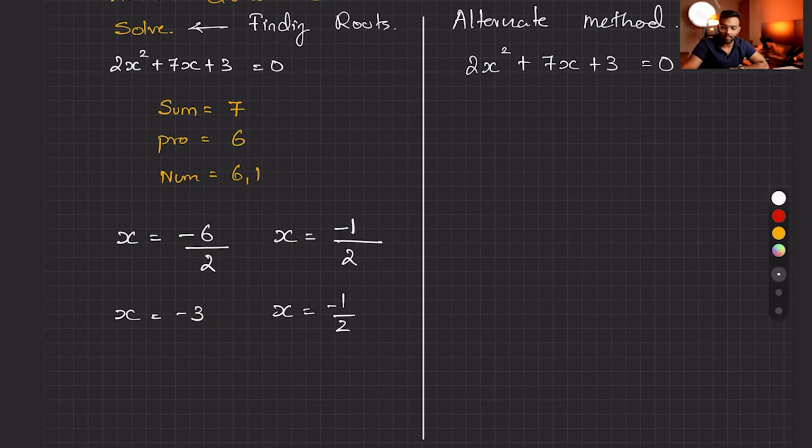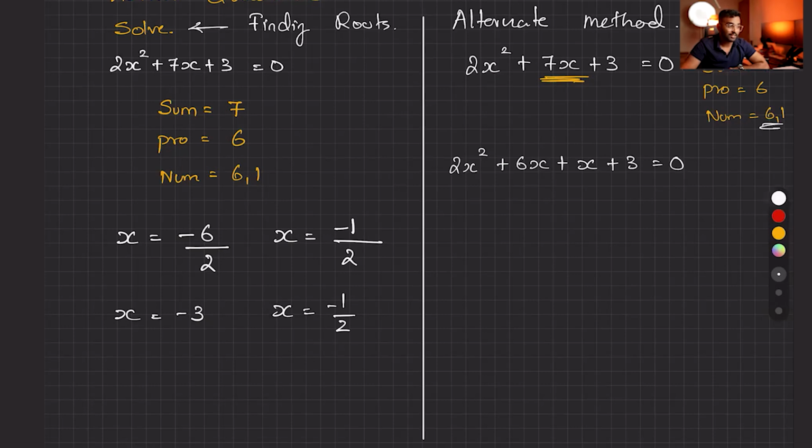Again, of course, we have sum is 7, the product is 6, and the numbers we found were 6 and 1. We know that, right? So what the other method is, we expand the middle term with these numbers. Okay, so 2x squared plus 6x plus just an x plus 3 equal to 0.